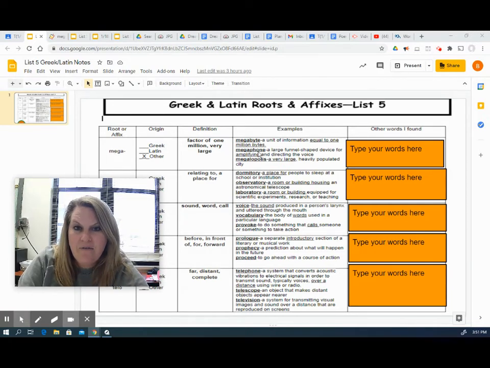When we look at megaphone, it's a large funnel-shaped device for amplifying and directing the voice. Now, amplifying is underlined. You don't see the word amplifying here, but if you were to look up the definition of amplifying, you would see that it means to multiply or make bigger, okay? And in this case, if we're amplifying a voice, we're making it very loud or very large.